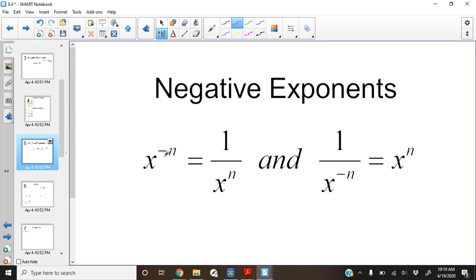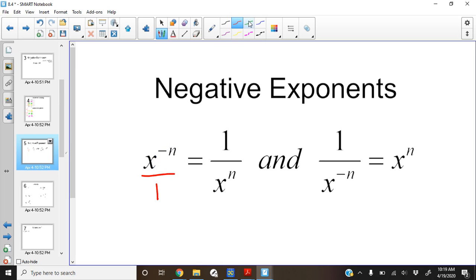And that is that x to any negative n exponent, whatever n may be, is really just 1 over x to the positive n. And vice versa, x to the negative n being in the denominator, the reciprocal of 1 over that is x to the positive n. So all you have to recognize, this is how I think about it, is I like to put a 1 underneath any whole value, right?